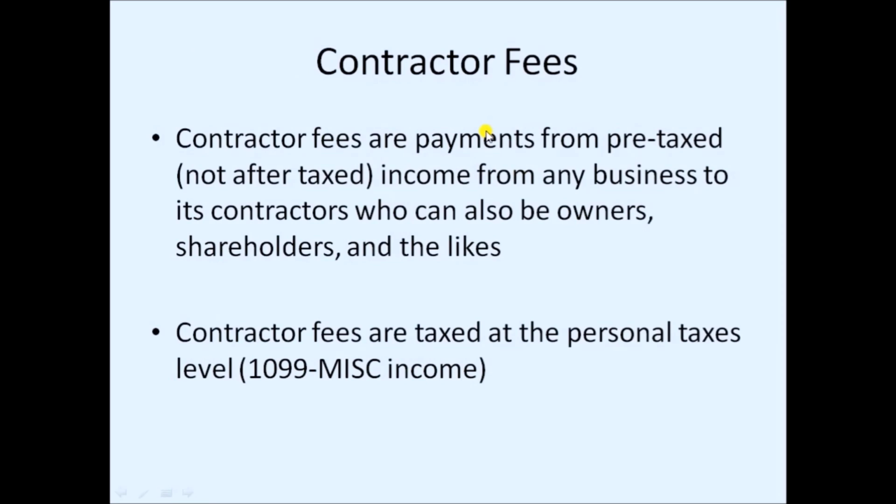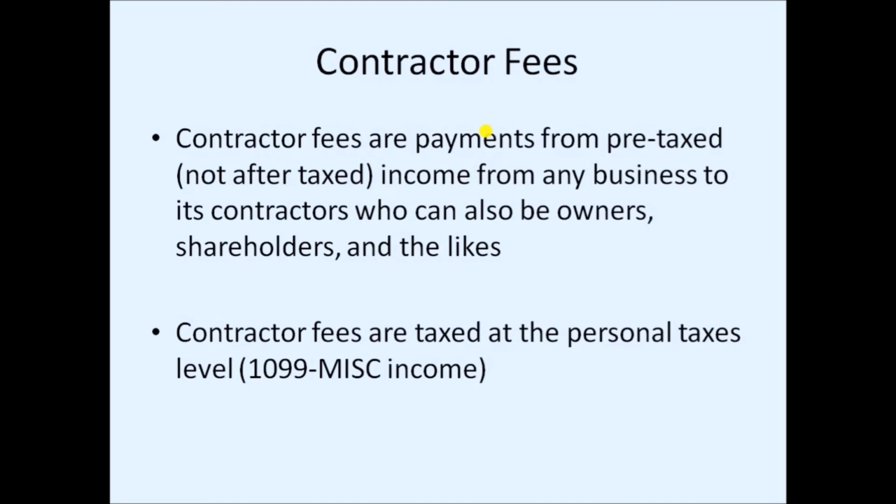Contractor fees. Contractor fees are payments from pre-tax, not after-tax, income from any business to its contractors, who can also be owners or shareholders and the like. Contractor fees are taxed at the personal taxes level. So we know employees receive salaries and wages, and at year end they'll receive a W-2 to file their taxes.